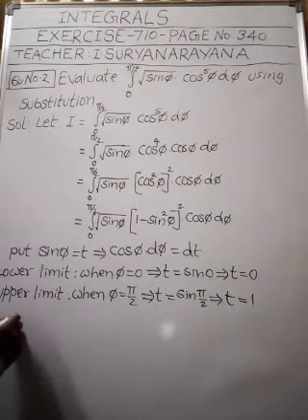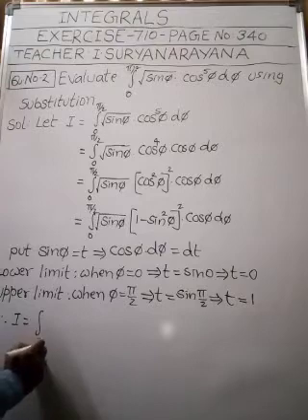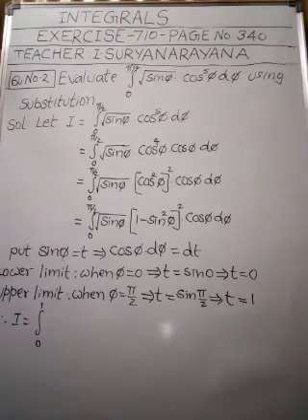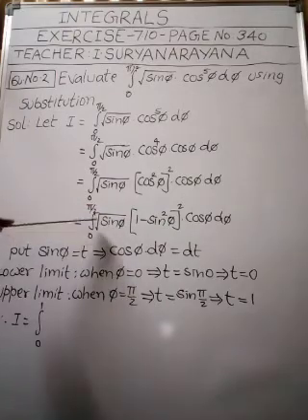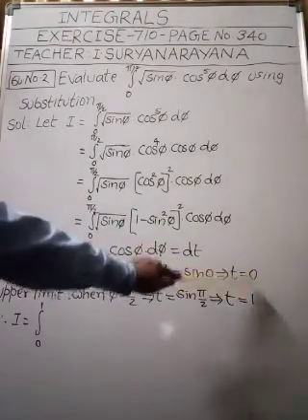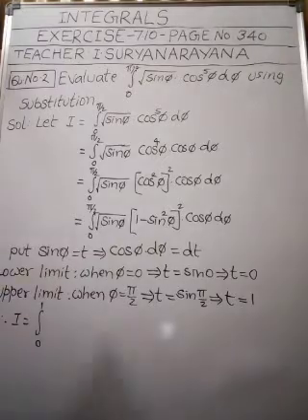Right. Therefore, I is equal to integral 0 to 1, not 0 to pi by 2. Ignore these old limits. We have to write the new limits according to the new variable. Okay, my children, understood this step? Right.